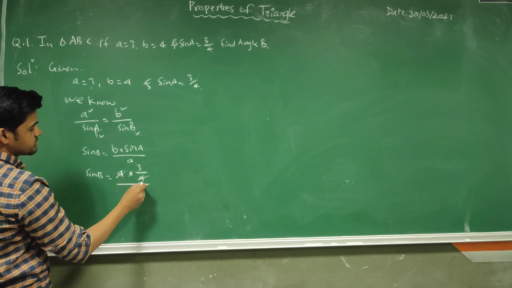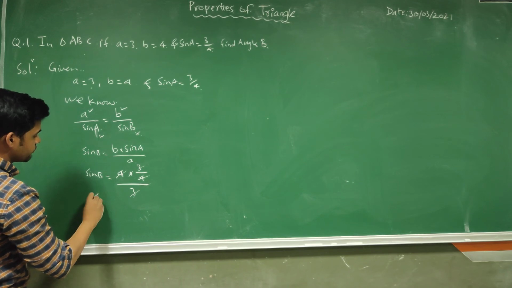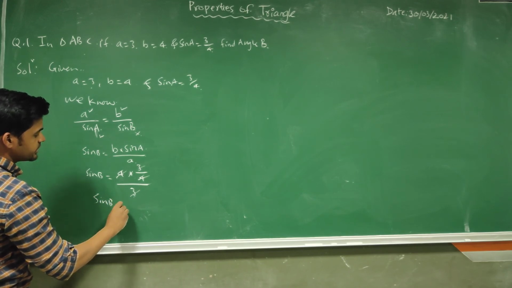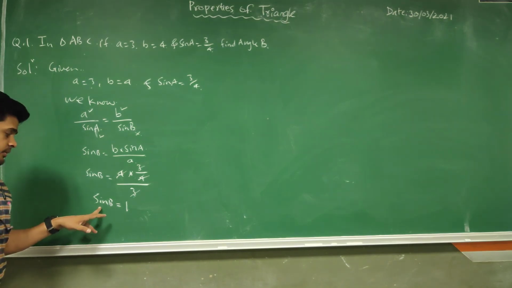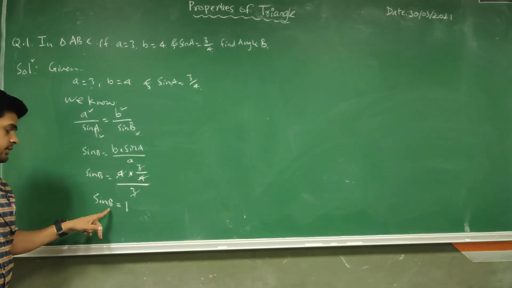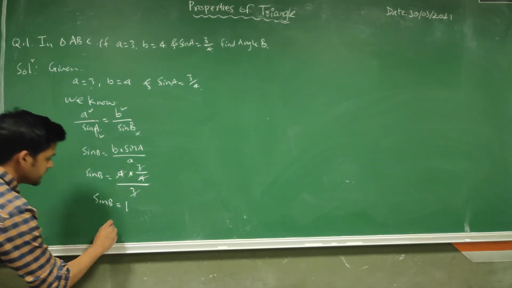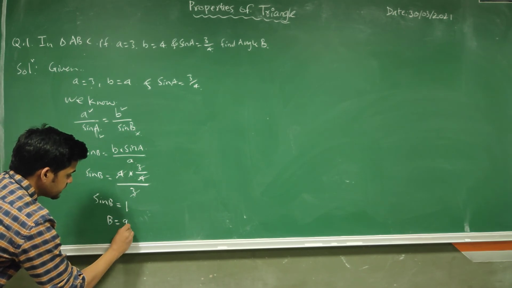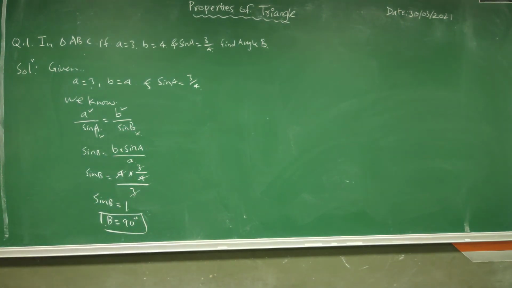So this will cancel and this will get cancelled. So we will have sin B is equal to 1, and we know that sine will be 1 if theta is 90. So that means the angle is 90 degrees. So we found B.